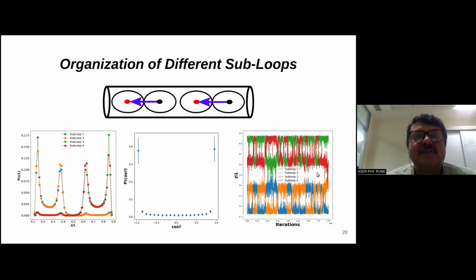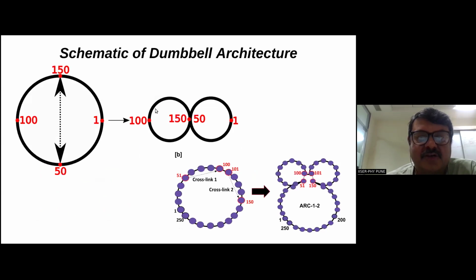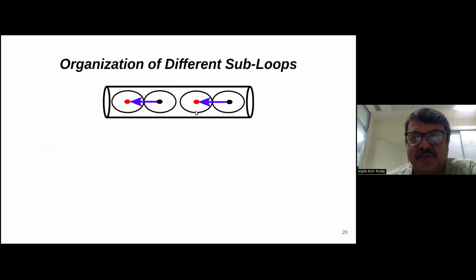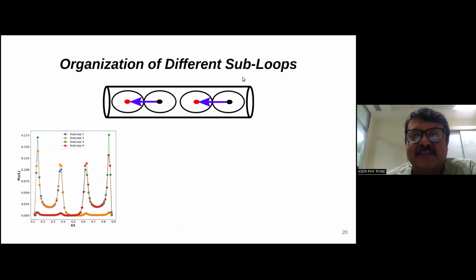Now, what I already told you is that if you take two ring polymers and confine them to a cylinder, they are going to segregate. Now, if each ring polymer has two smaller rings, because of this cross-link, this is what we have put inside a cylinder.